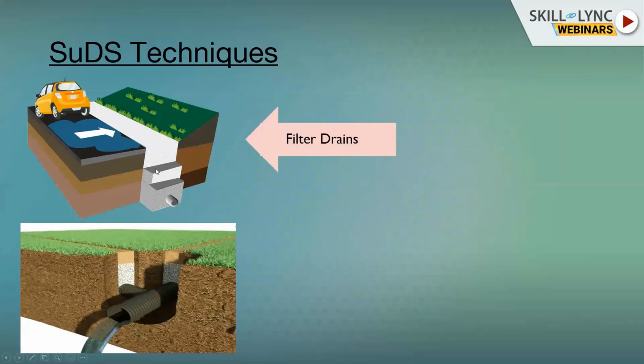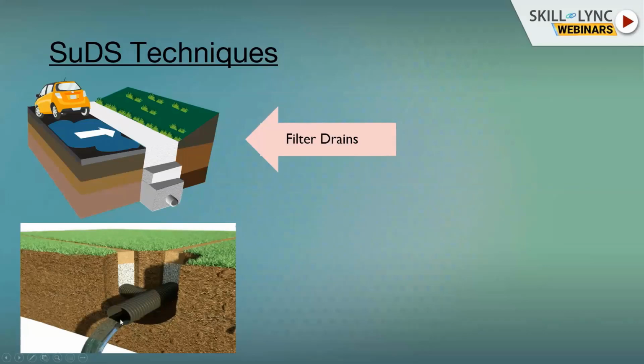Either it is conveyed downstream by these pipes, or it all infiltrates. In areas where the infiltration rate is not that good, we provide this pipe which has holes, it has perforations. Once the water comes in through this layer, rises up, and then goes through the perforations into this pipe and is then conveyed downstream to some other public sewer.